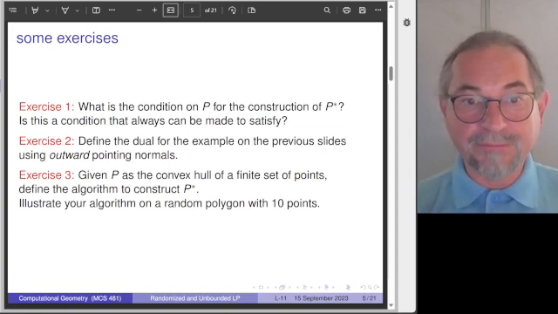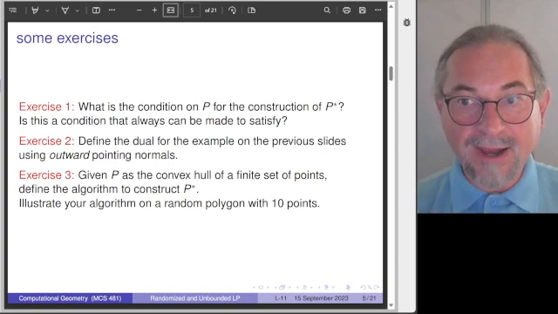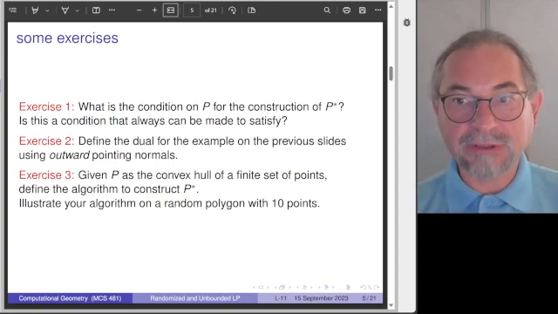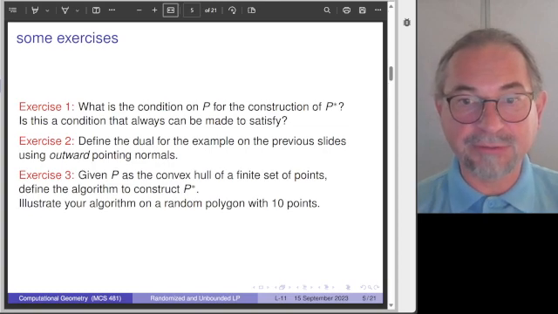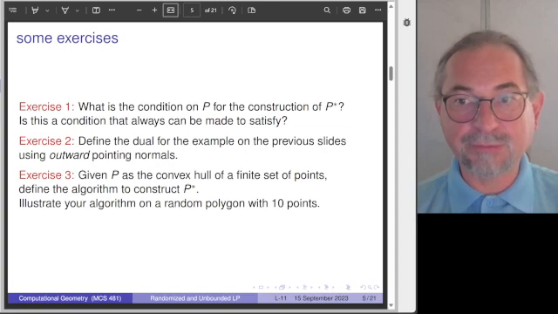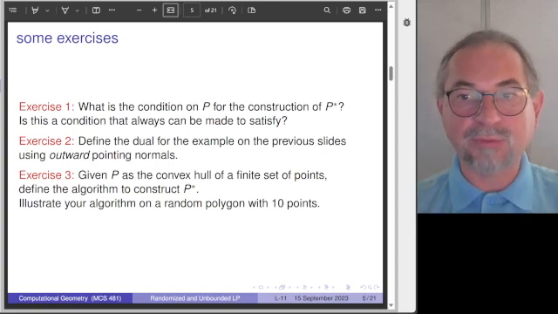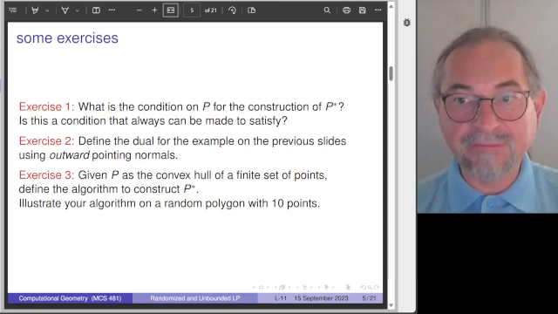We can also define the dual for outward pointing normals. So do this for the construction on the previous slide. Instead of working with inward pointing normals, work with outward pointing normals. Then the convention is that you don't divide by minus b, but you divide simply by b.